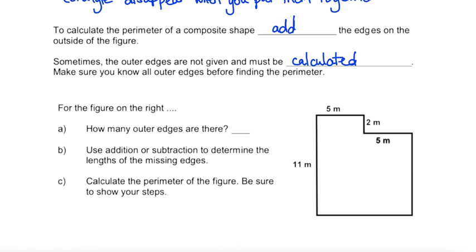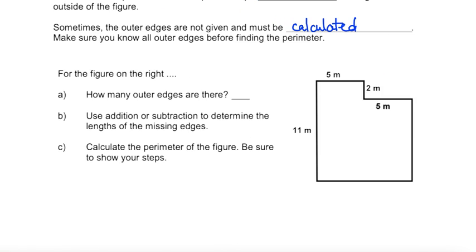So let's take a look at the shape on the right. How many outer edges are there? There are 1, 2, 3, 4, 5, 6 outer edges. But we only know measurements for 1, 2, 3, and 4 of them. So we need to calculate the outer edges for the height on the right-hand side and the base of this shape.